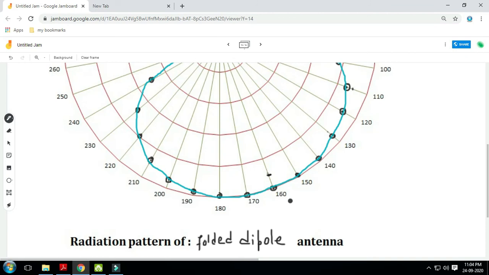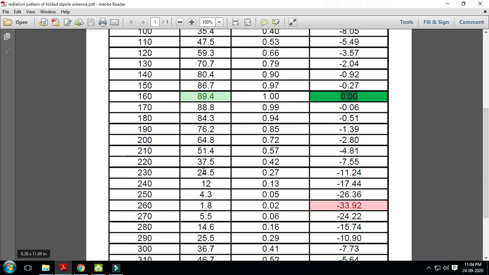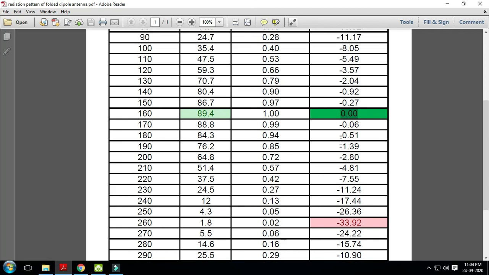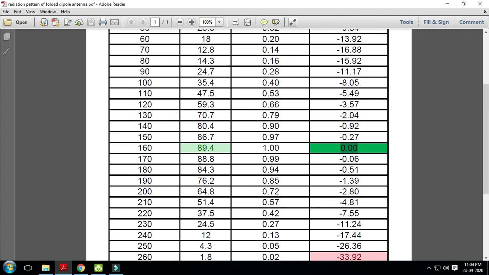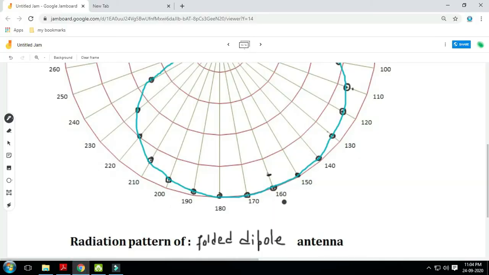So first what we have done, we just go to the table and find out where was our maximum reading. So maximum dB reading was at 160 degree. Now come to your plot at 160 degree. You just go 3 dB down from the 0 dB line and mark here.